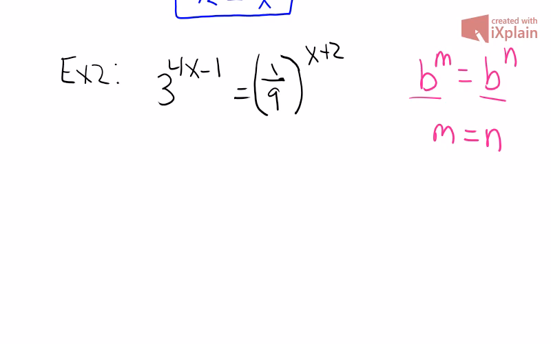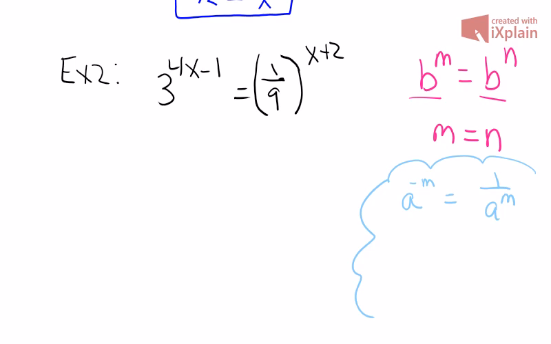So again, I want to get the common base. I can't just change the number completely. I can only rewrite it to have the common base. So if I look at 3 and 1/9, I know that students often have trouble with those fractional exponents or exponents that turn things into fractions. So just as a quick little review, remember that, we'll do this on the side, if we have a to the negative m, that means 1 over a to the positive m.